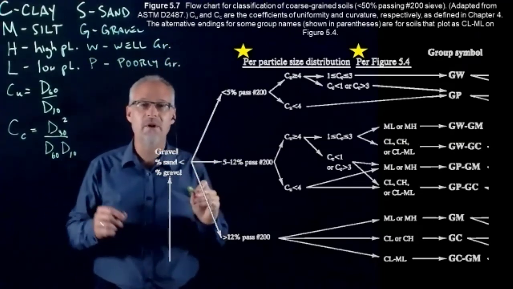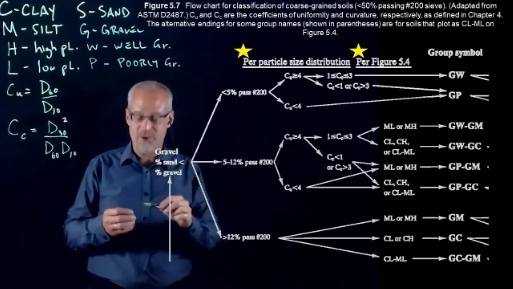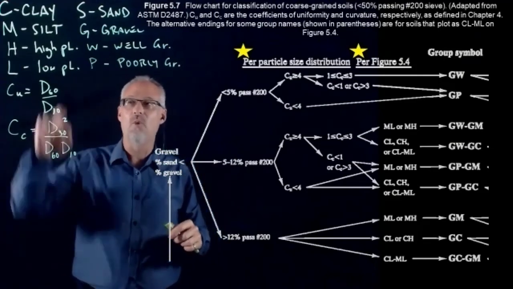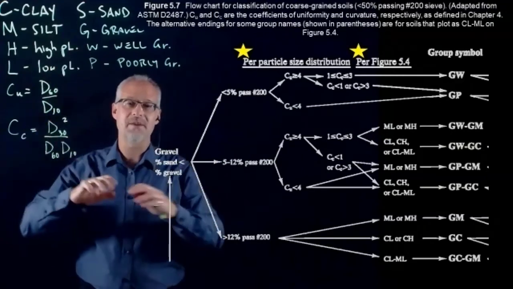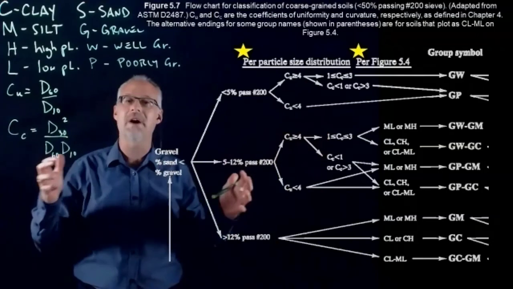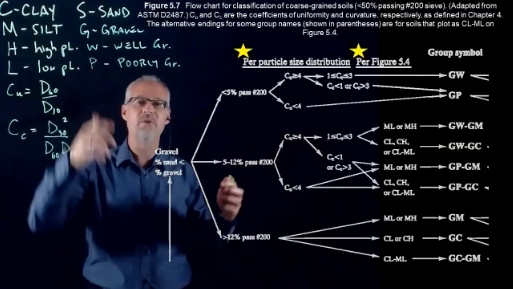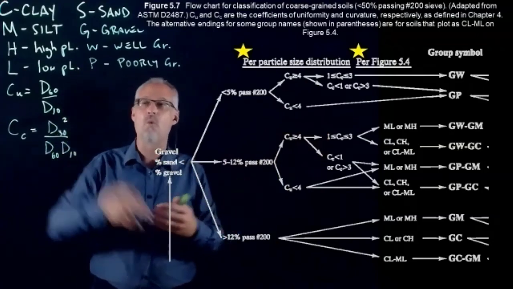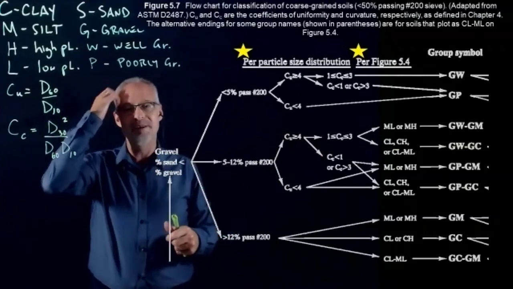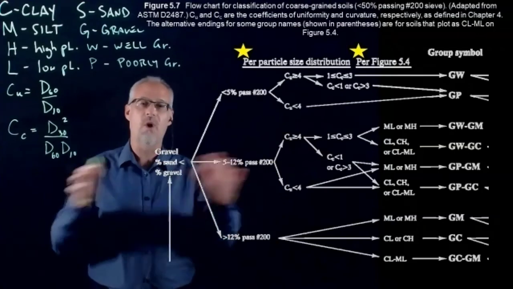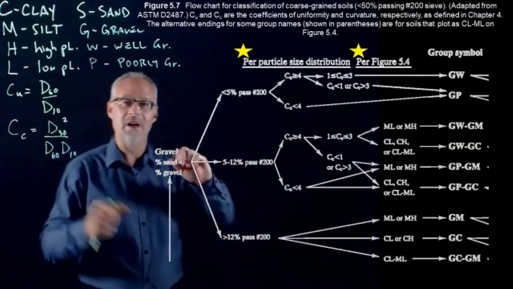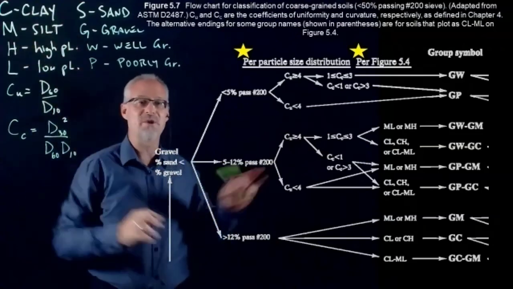Remember, we're using the geotechnical engineering meaning of well graded and poorly graded, where well graded means that it has a lot of different particle sizes. Poorly graded means that it's kind of all one size. Poorly graded would be like that bag of marbles. Well graded would be like a gravel that you want to pack very tightly, that has a wide range of particle sizes. Pretty straightforward, but these are the letters that you're going to see showing up here.